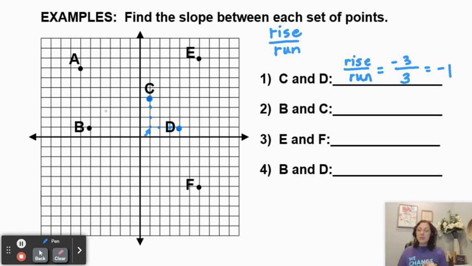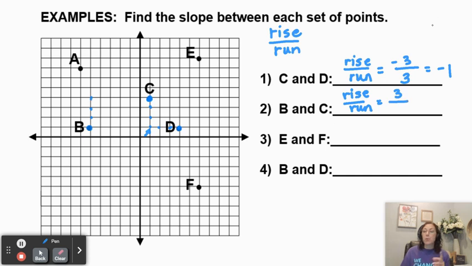What you might want to do now is to pause the video. Try the next example here. See how you do, and then press play and see how I do it. All right, let's do B to C. Again, I do the rise first, and I get to go up this time. So I know that rise is going to be positive. Let's count. 1, 2, 3. So from B to C, my rise is +3.